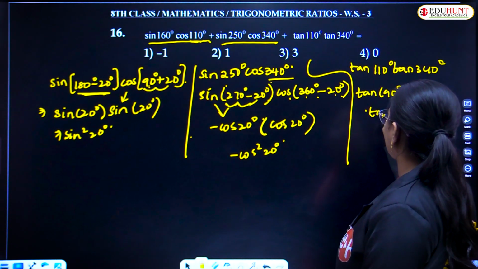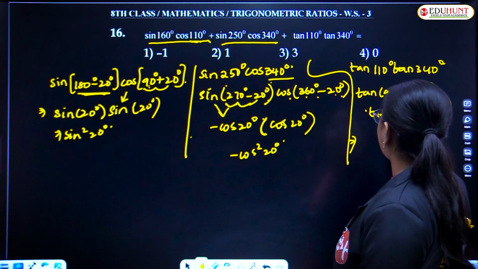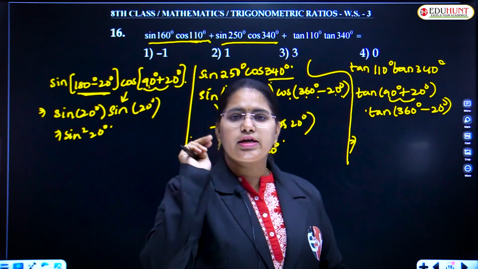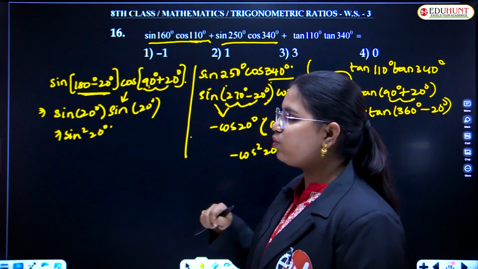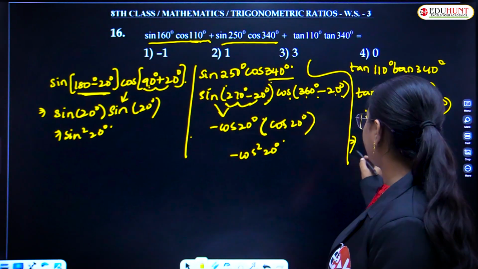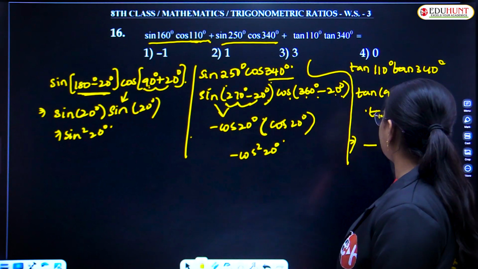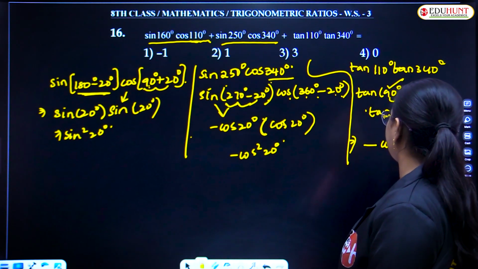Into tan 340 can be written as 360 degree minus 20 degree. Correct? 90 plus 20 belongs to which quadrant? Second quadrant. Yes or no? In the second quadrant, tan is negative. So tan changes to cot here because it is an odd multiple of 90.